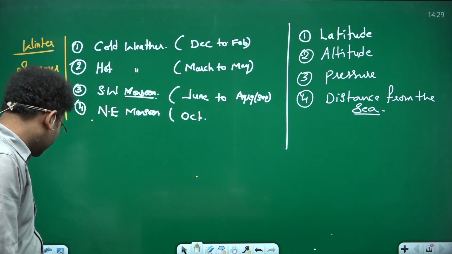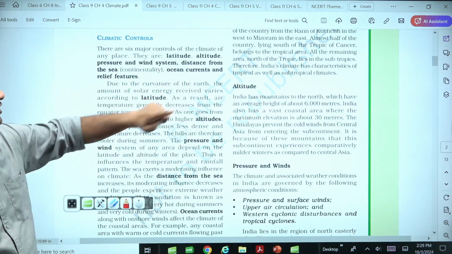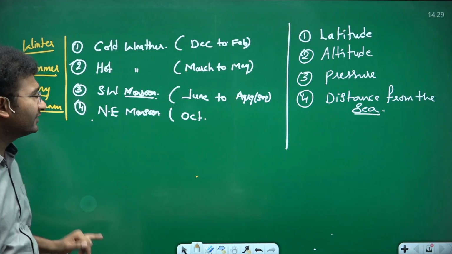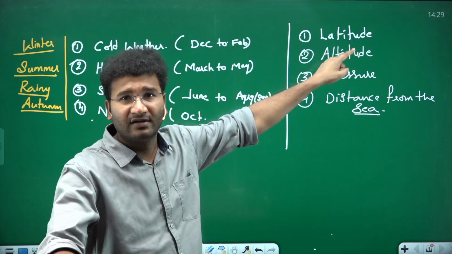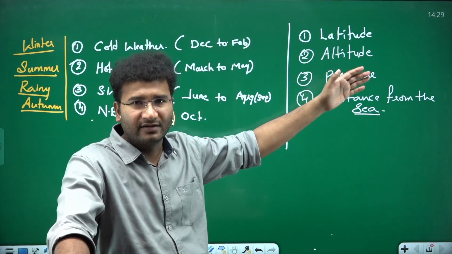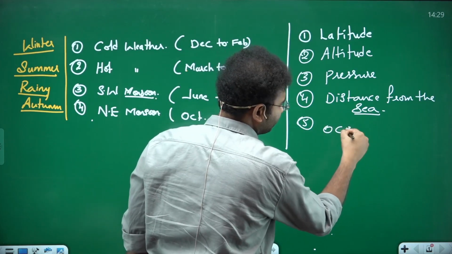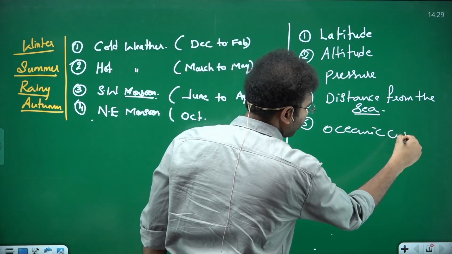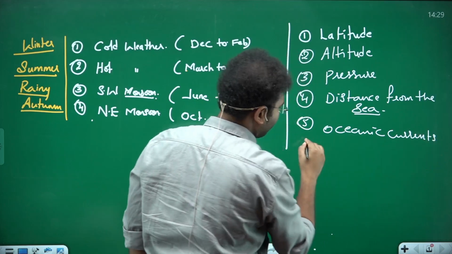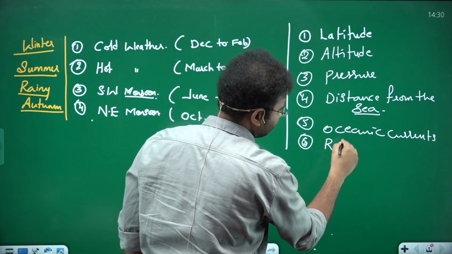So in totality, it talks about wind system, distance from the sea, ocean continents, and relief features also. These relief features are also nothing but your altitude. Altitude or relief features are the same, meaning there is a mountain, right? So I'll also include the oceanic currents. And number 6, I'll also include the relief features.